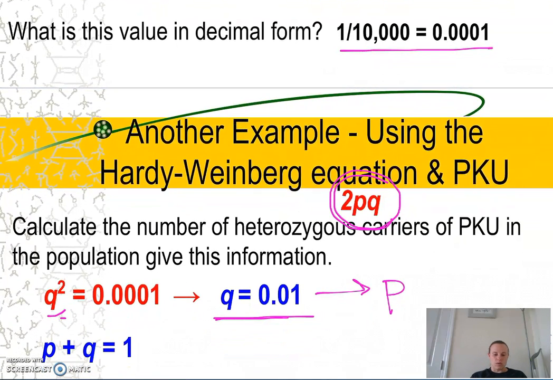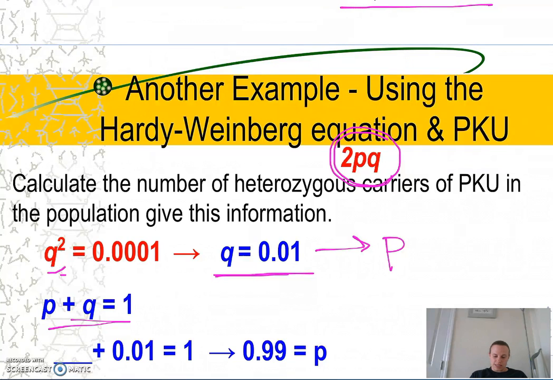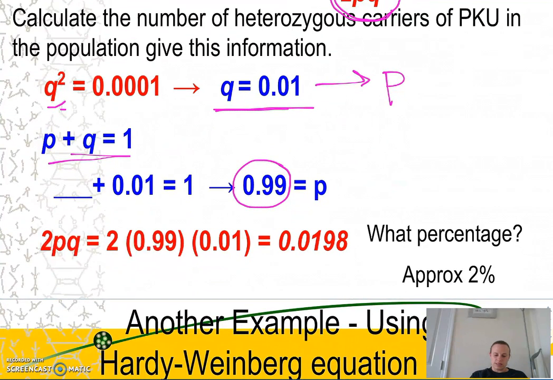Because I know that p plus q is equal to 1. Therefore, p must equal 0.99. And now it's just a plug and chug. 2 times 0.99 times 0.01, and I end up with 0.0198. Now, if I was asked what percentage of the population that makes up, that's approximately 2%.